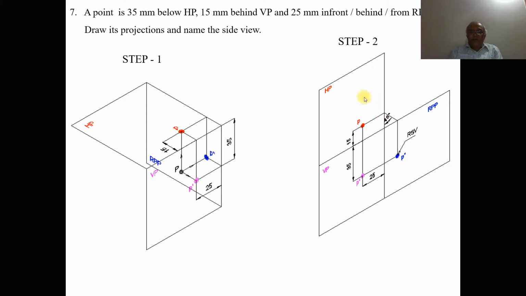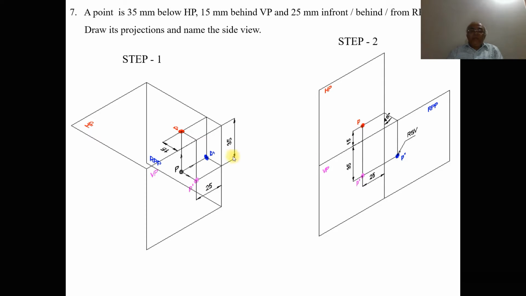So draw a vertical projector for that distance, and then the 35 mm below HP, the distance with respect to HP, is seen in the vertical plane. Vertical plane is below this horizontal line, so from here you measure 35 mm and you get this point. Since the image is on the vertical plane, you get this point as b dash.